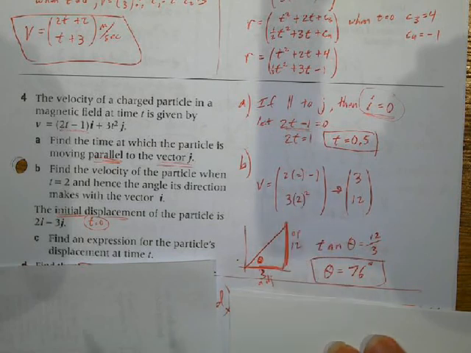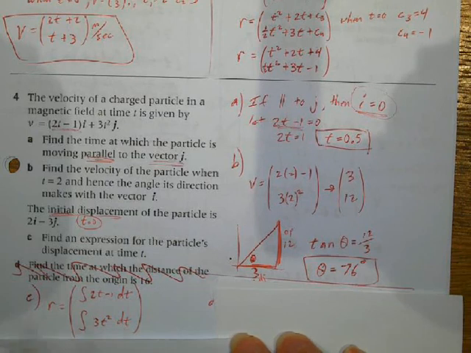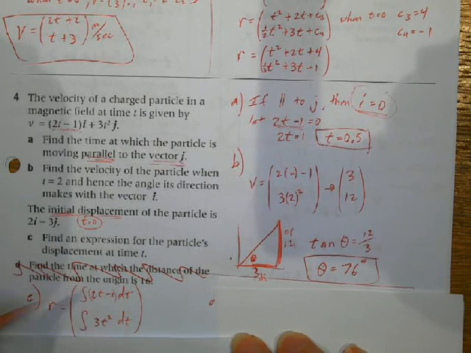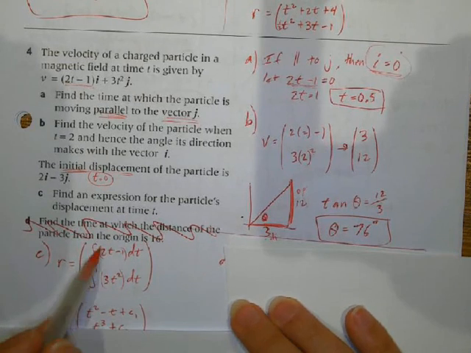To find a vector for displacement, I have to take the antiderivative of the 2t minus 1 and the antiderivative of the 3t squared. The antiderivative of 2t becomes t squared. Antiderivative of negative 1 is negative t, and then plus c subscript 1.